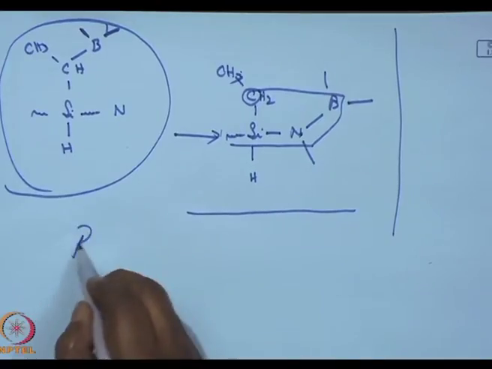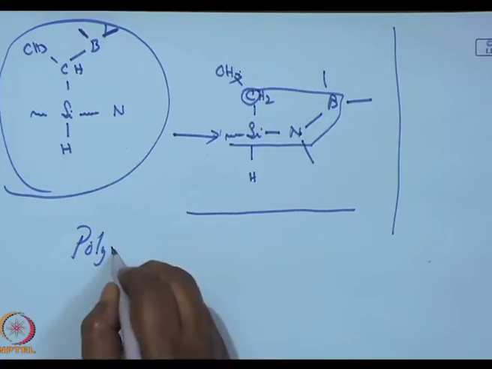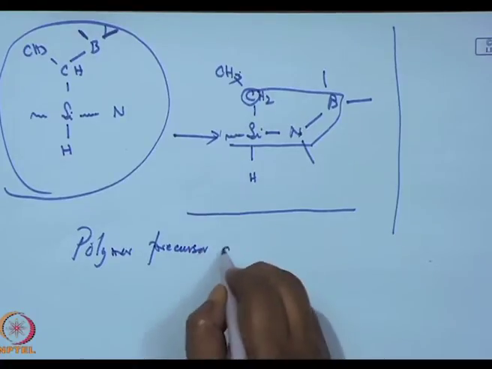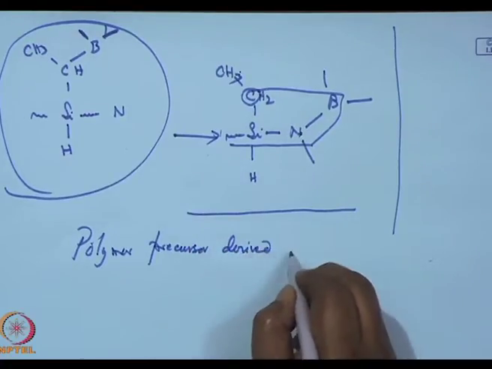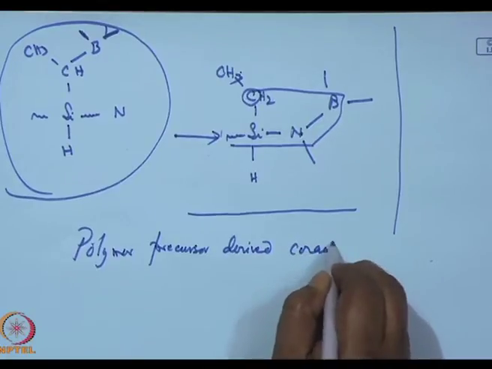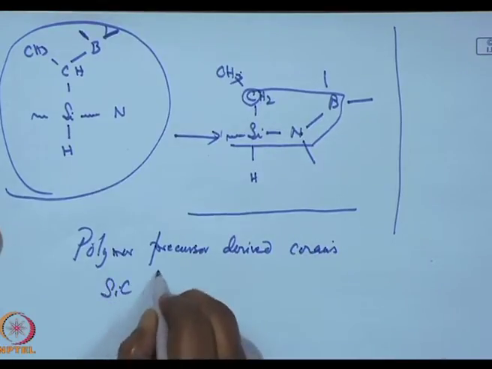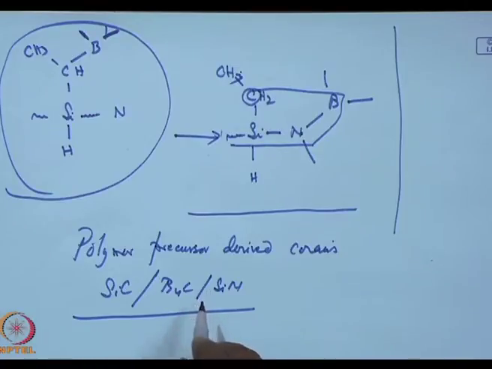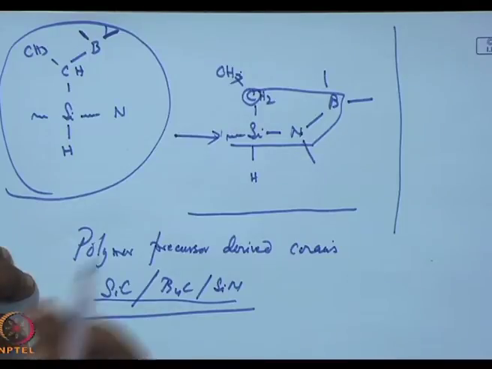So, polymer precursor derived ceramics, where we have layers like silicon carbide, boron carbide, silicon nitride ceramics, fundamentally, as a polymer, had the organic components of these three arranged as I have shown you here.